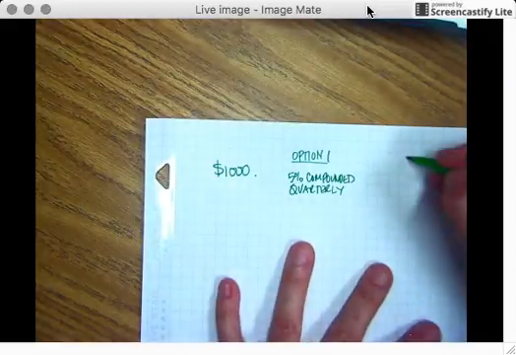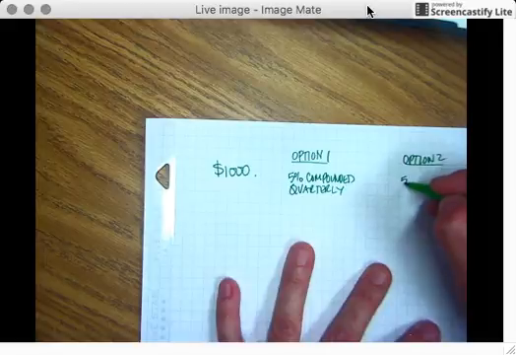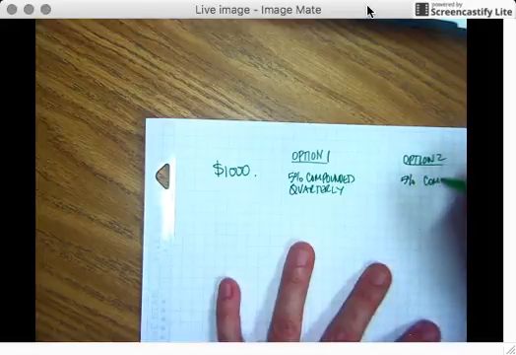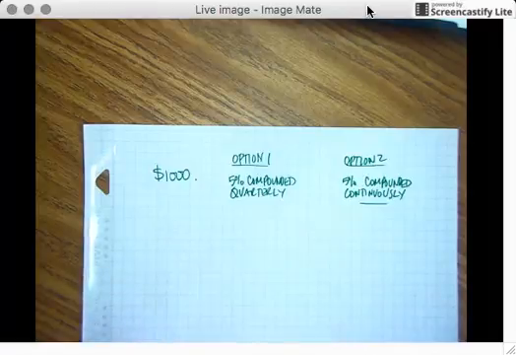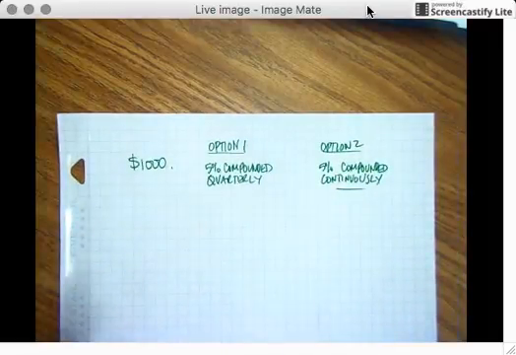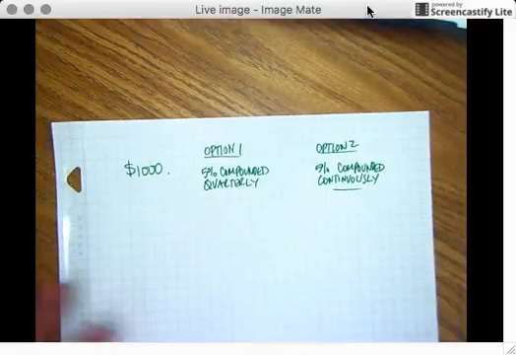That's option 1. Option 2 is you can invest at 5% compounded continuously. Okay, those are your two options. So we're going to compute both of them and see which one is the better deal.